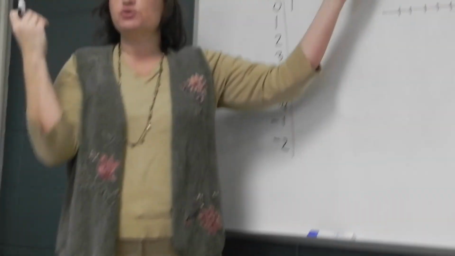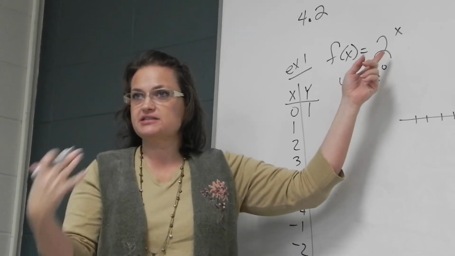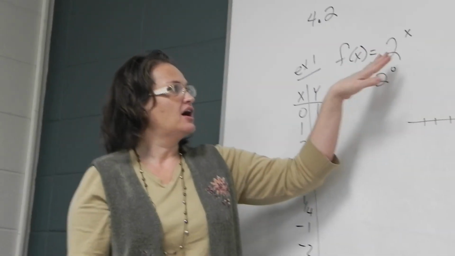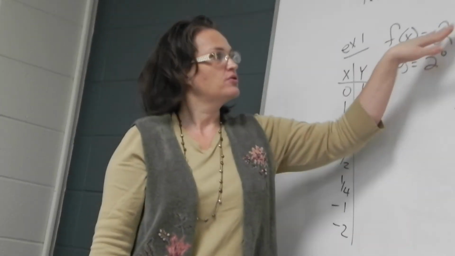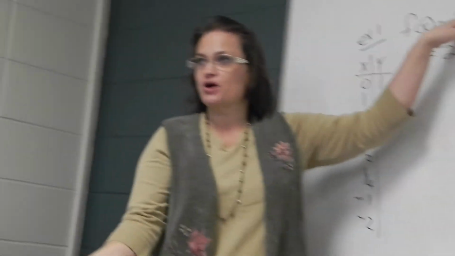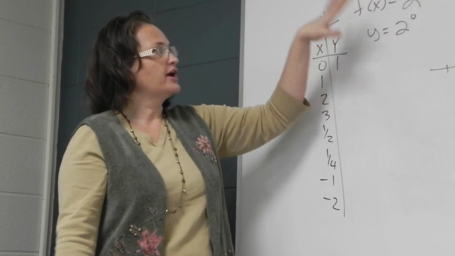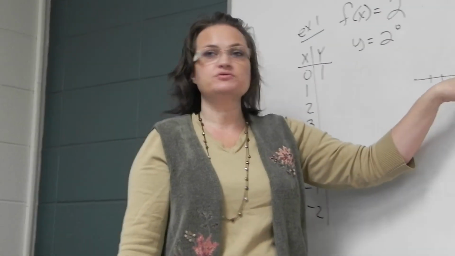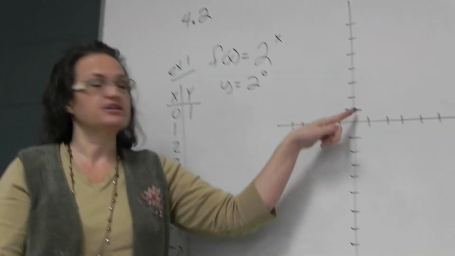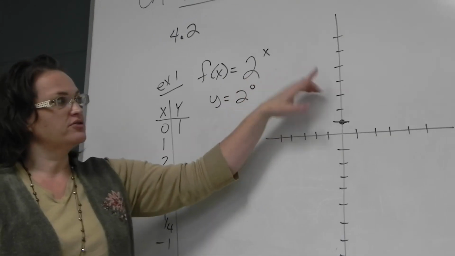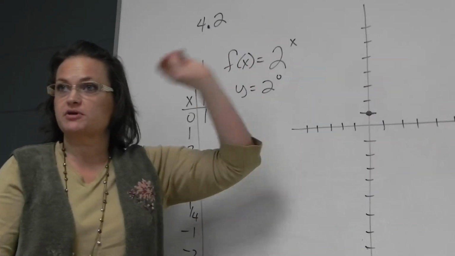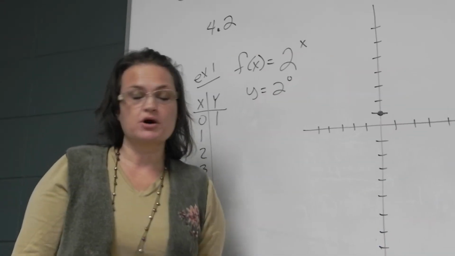It wouldn't matter if you were doing 3 to the x, 10 to the x, anything, a fraction, decimal, whatever. If you plug in x is 0, the y is 1. So again, the critical point for exponential functions is that it goes through (0, 1), unless it's shifted. We have like a +2 here that shifts it up and so on, but the basic one, always (0, 1).